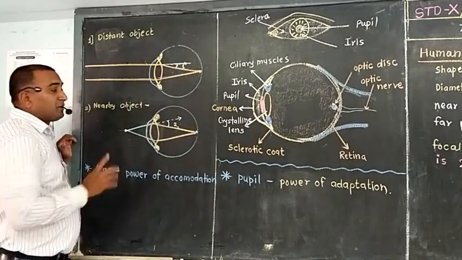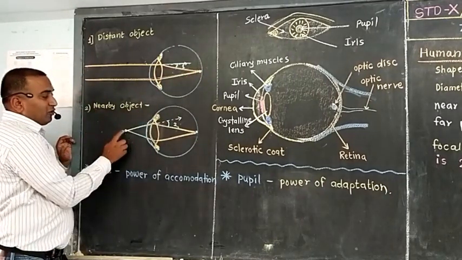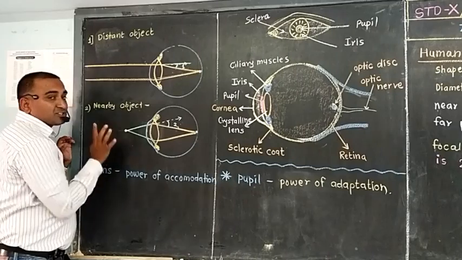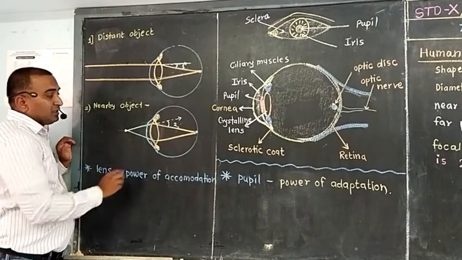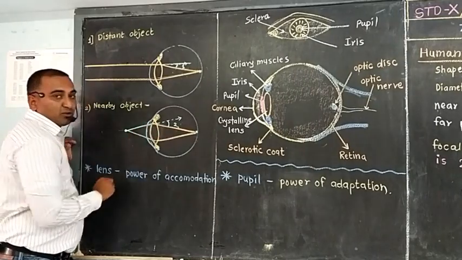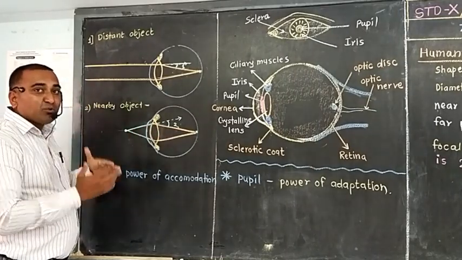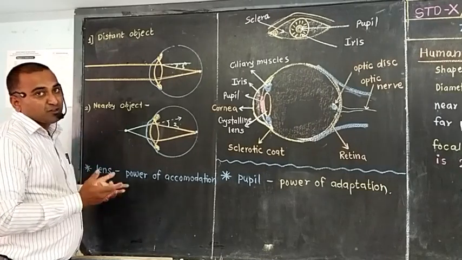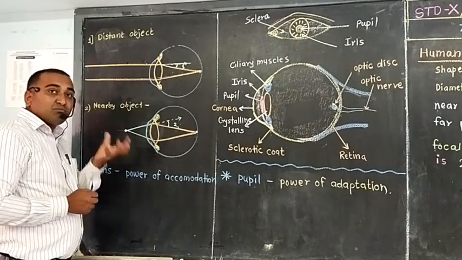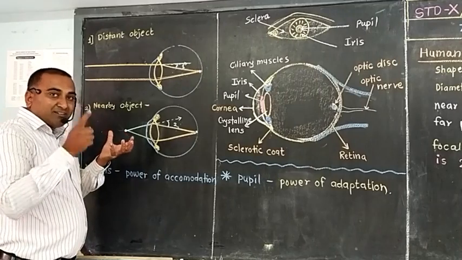And we get the image. But when we are observing nearby objects, light is not parallel. So anyhow light will enter the human eye, and then bending should be more. To bend light more, power should increase, and power is inversely proportional to focal length. Focal length more, then power less.